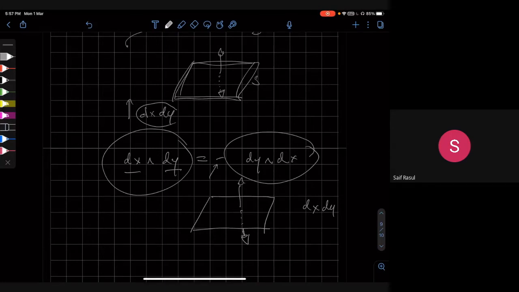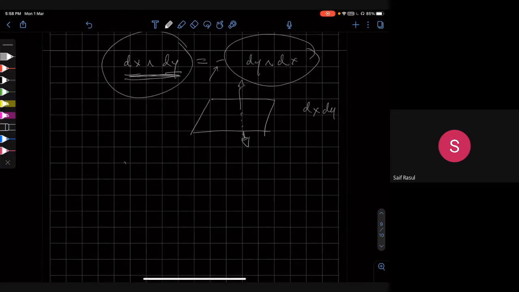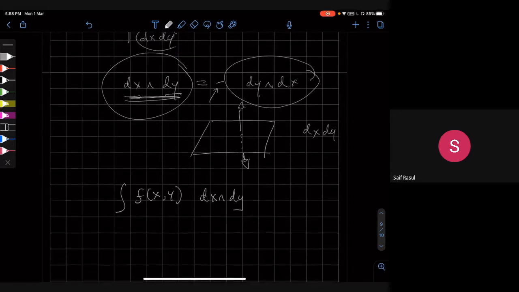So this is just the definition of this product. This product is called a wedge product, and as you can see, it's an antisymmetric product. So when we are doing a surface integration with some function like this, we are taking this orientation, okay?